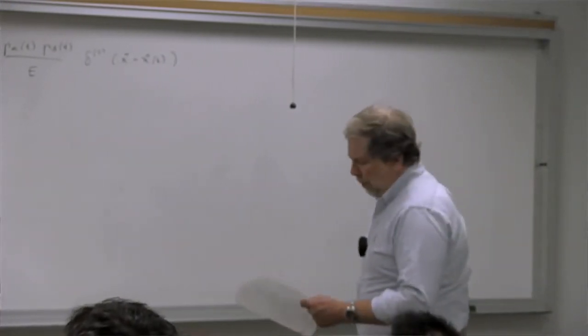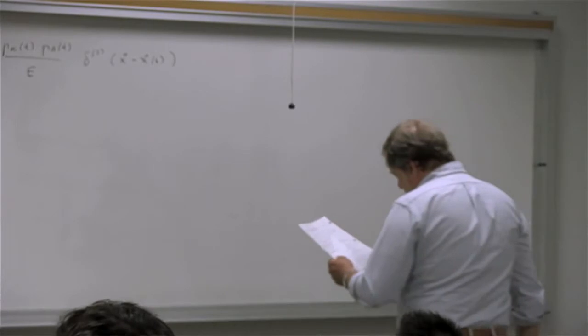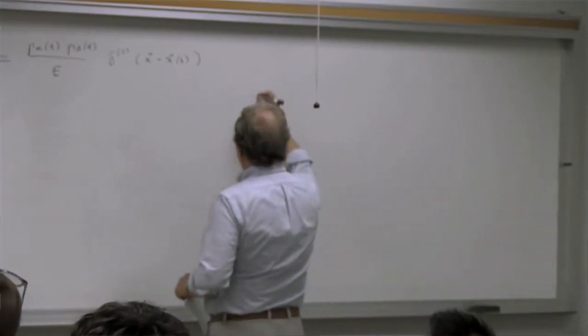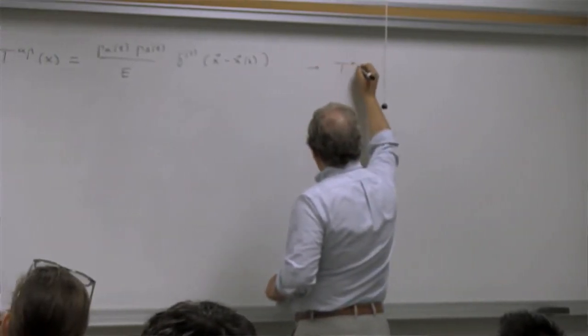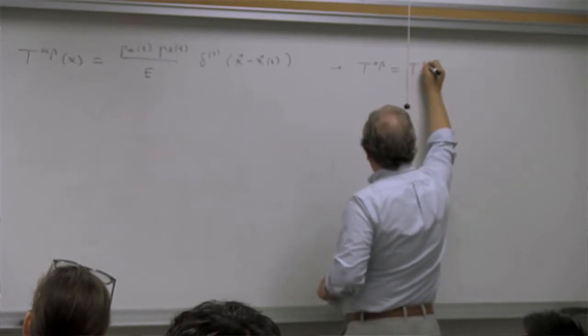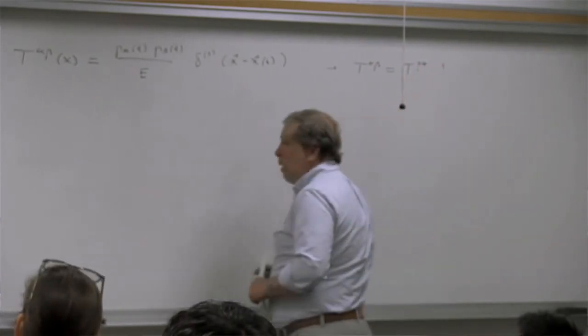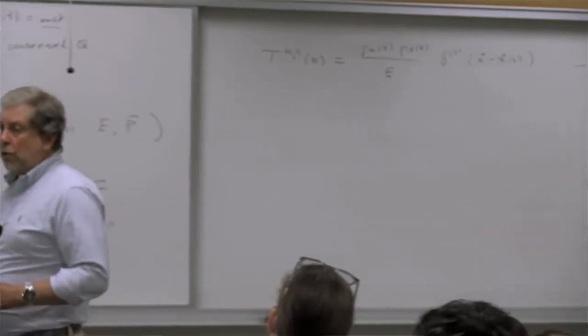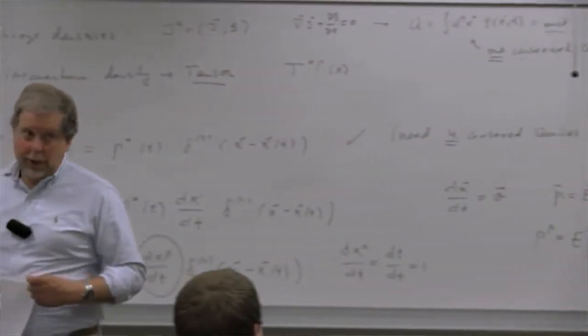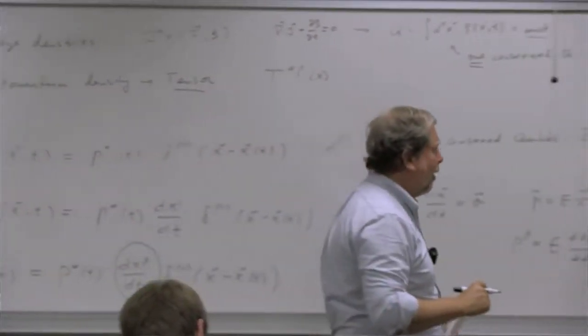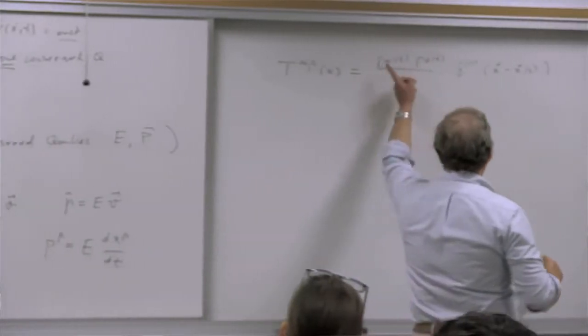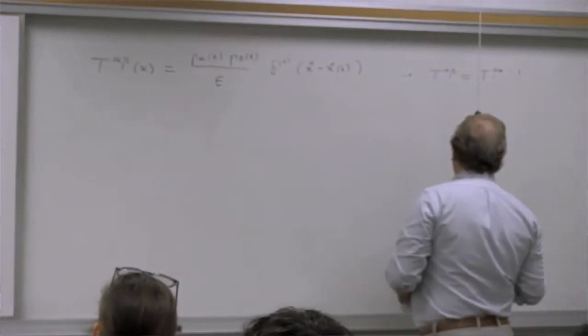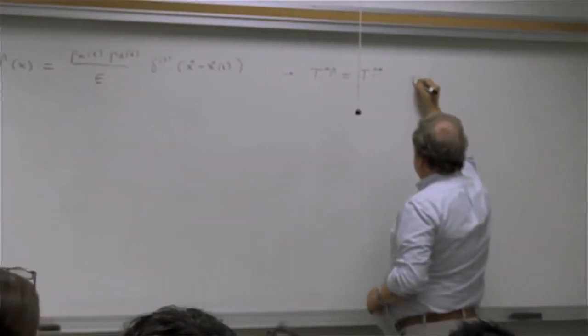Nevertheless, we recognize from this that T alpha beta is equal to T beta alpha, right? That the energy momentum tensor constructed in this way is in fact symmetric, right? That is certainly clear because of the appearance of the P alpha and the P beta. Right, so symmetric.